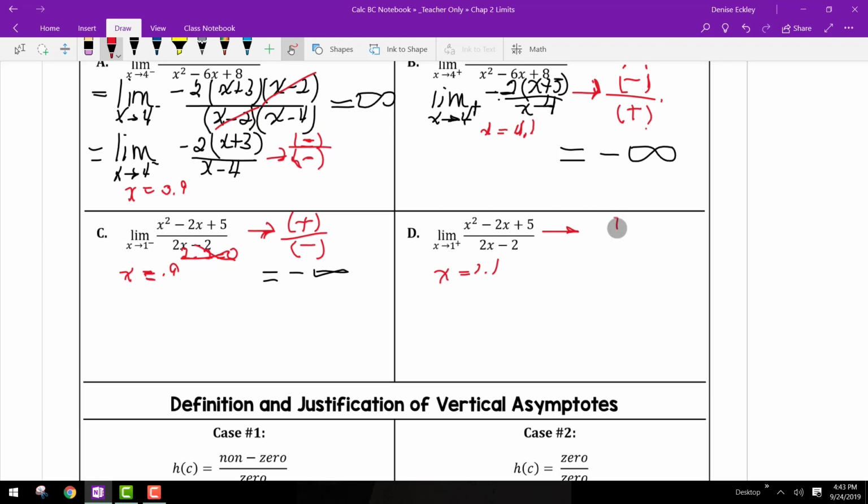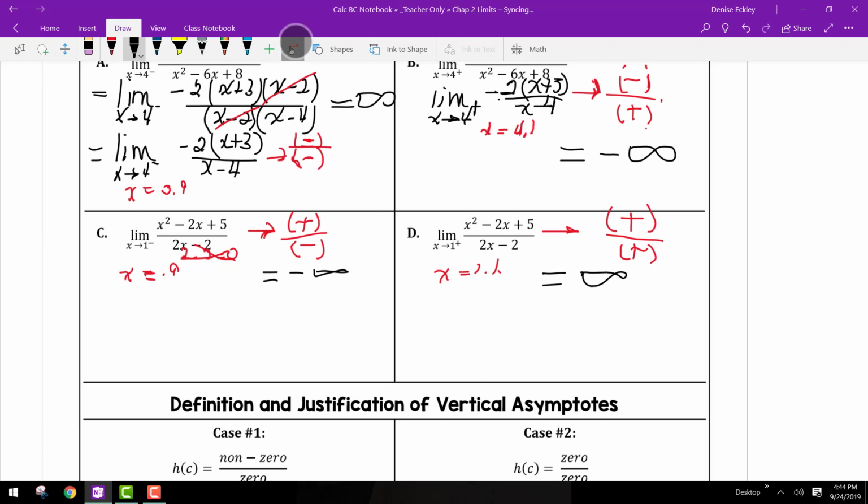So we're going to have a positive number on the top. And on the bottom, we're going to have a little more than 2 minus 2, so we're going to have a positive on the bottom. And that's going to give us a limit of infinity, which is what we saw in the graph. It goes along the slant asymptote.